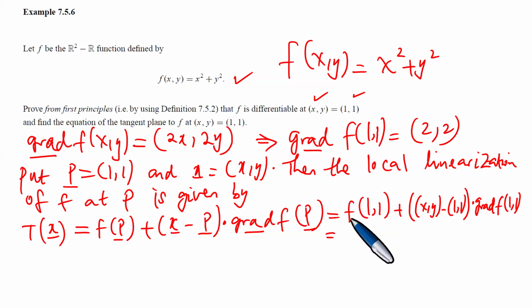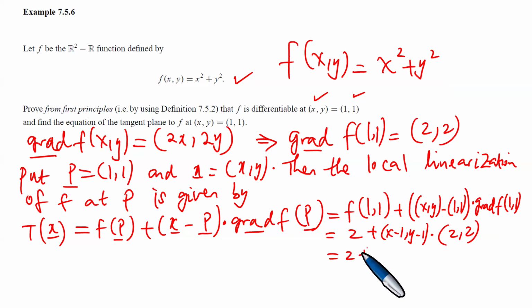So what is f of 1, 1? When you put x and y to be 1, it becomes 1 squared plus 1 squared, giving us 2. Then we have plus x minus 1, y minus 1, dot the gradient, which at 1, 1 is 2, 2.